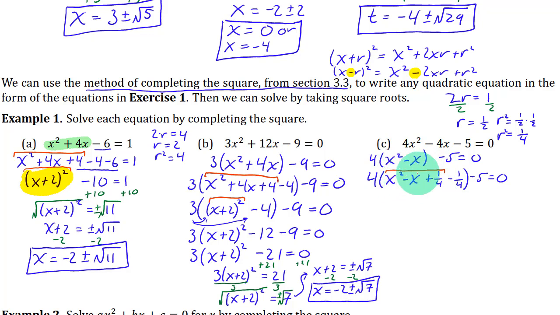That minus x there, you can think of that as minus 2 times 1/2 x. So that's the minus 2xr, with the r is 1/2 there, and the 1/4 there is 1/2 squared. So that is in the form of the second one, so that's equivalent to x minus 1/2 squared.